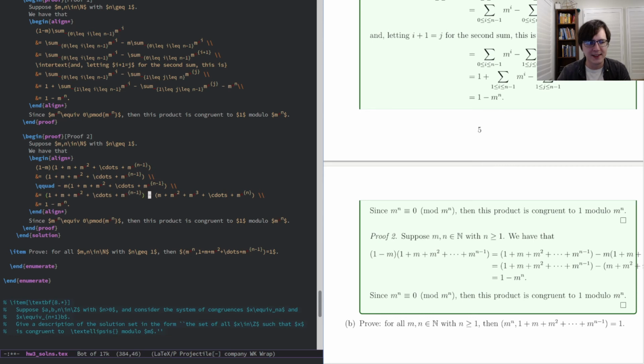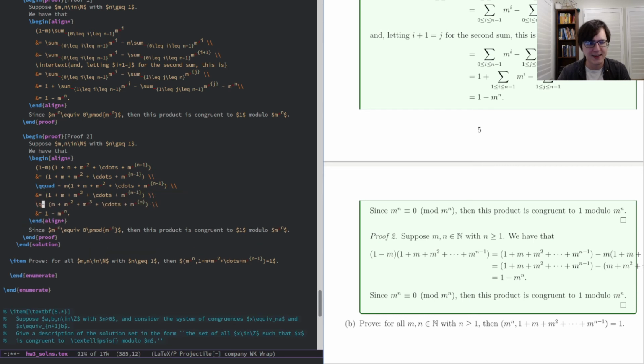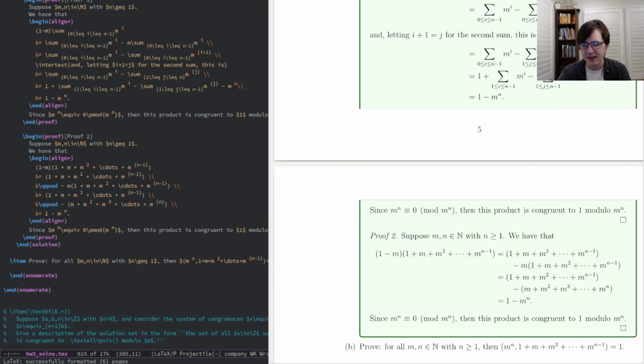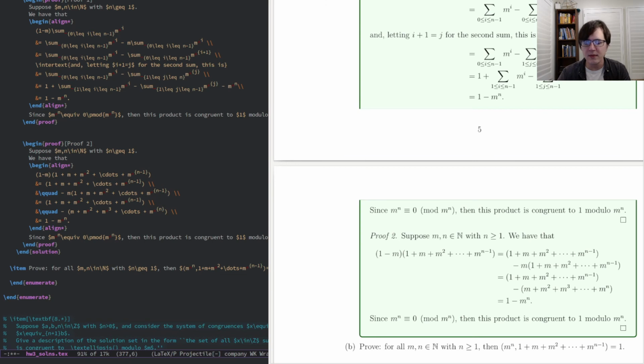I usually have to resolve how I do this. Well, I definitely want the ampersands. So maybe it's not quite so clear, but being a bit hand wavy with the ellipses.